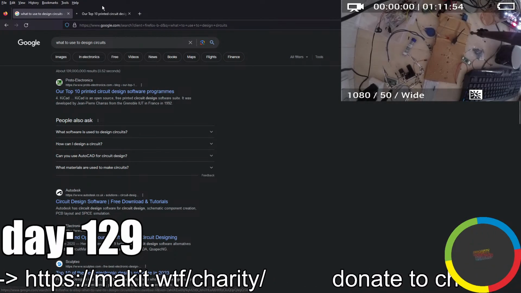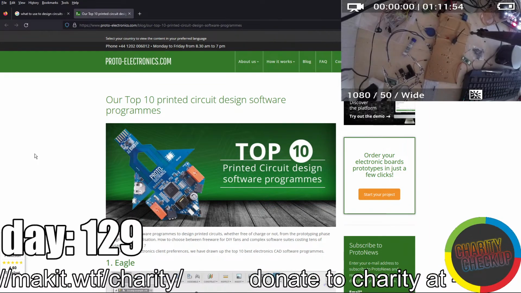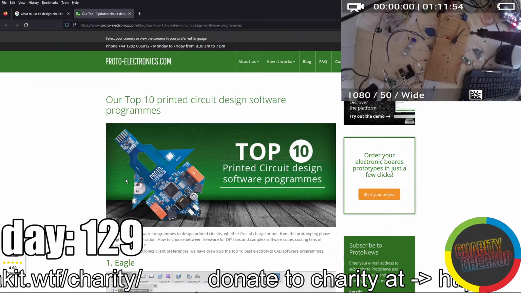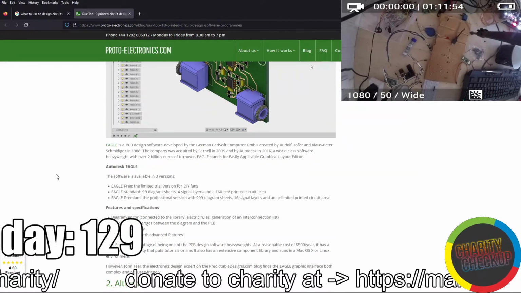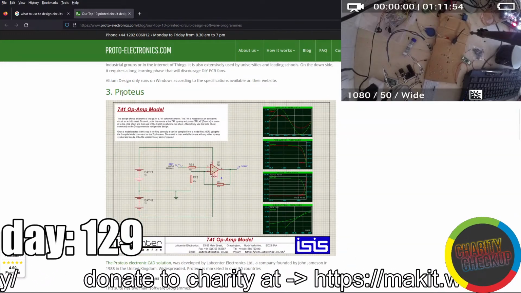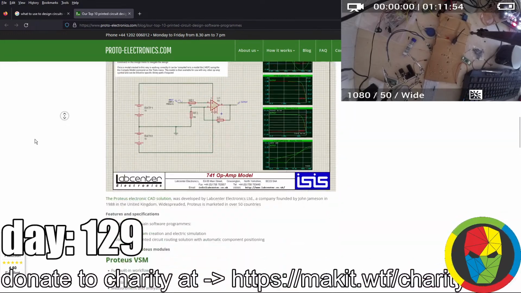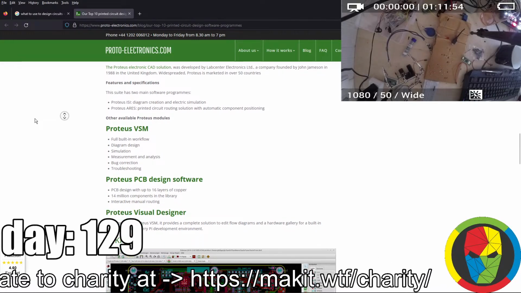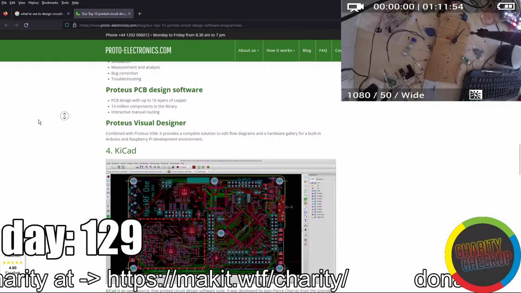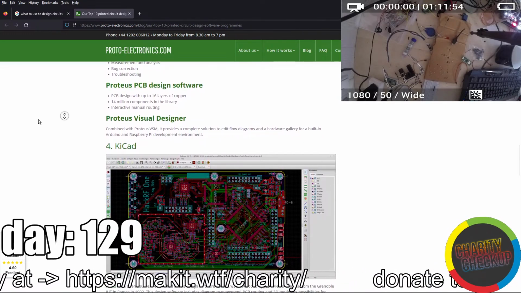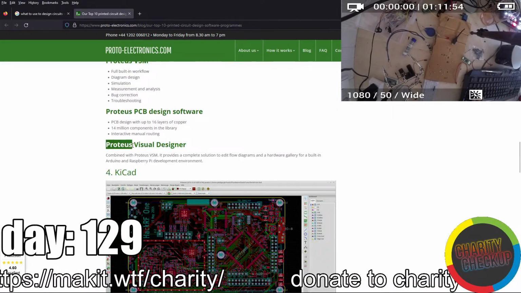Design software programs. Yes. Is it like that powerful Photoshop, Eagle? Oh, you mean like these ones? Up to 16 layers of copper, 40 million components. Proteus, oh, that sounds lovely. Is it expensive?